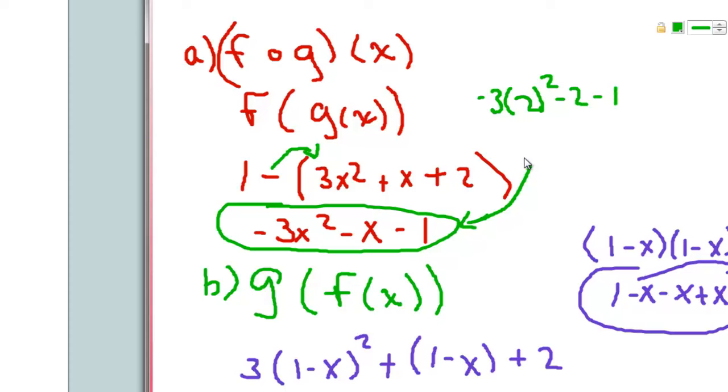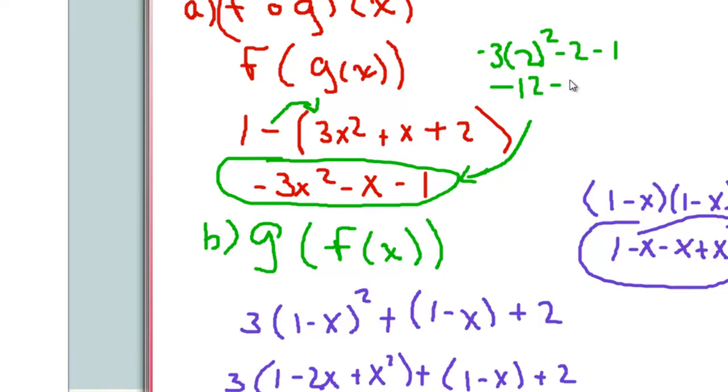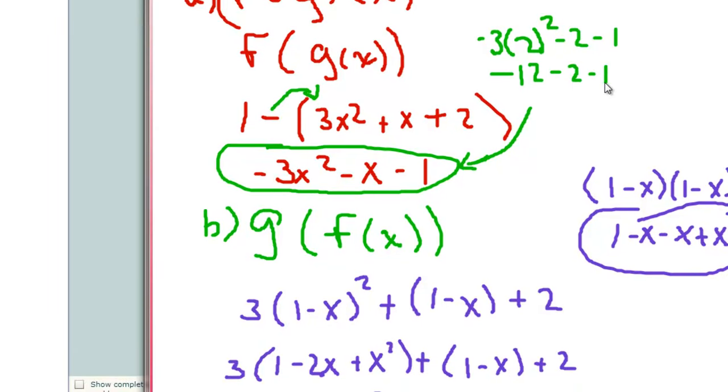And so 2 squared is 4, and 4 times negative 3 is negative 12, minus 2 minus 1. Negative 12, negative 2, negative 14, negative 15. So we have negative 15 here.